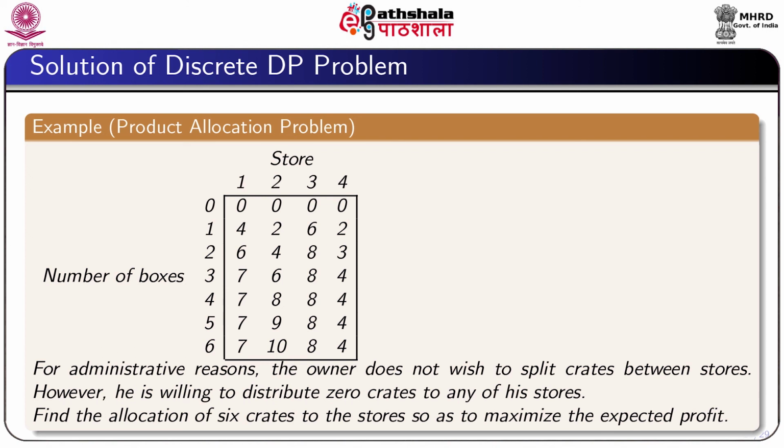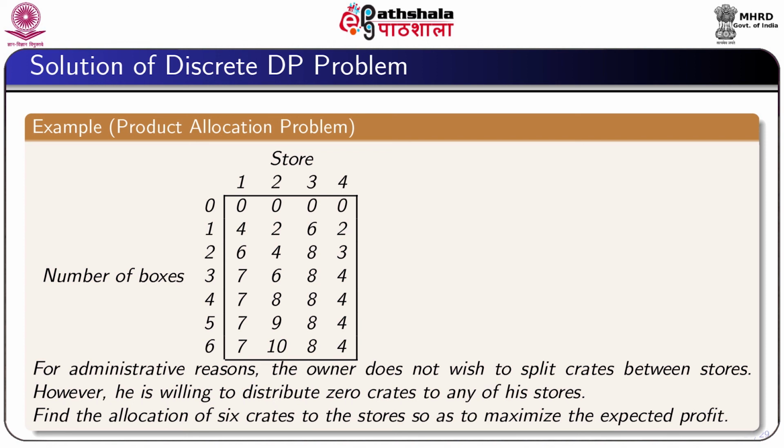If we allocate 1 box to store 1, the profit is 4, 1 box to store 2, the profit is 2, 1 box to store 3, the profit is 6, and 1 box to store 4, the profit is 2. Similarly, the allocations of 2, 3, 4, 5, 6 boxes to different stores are shown in this table.